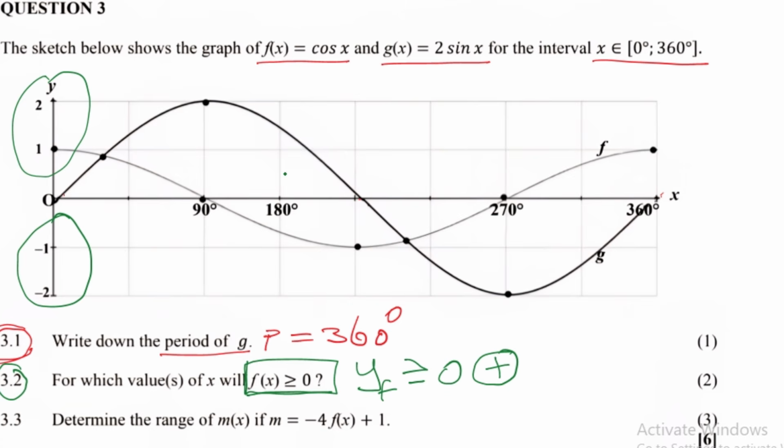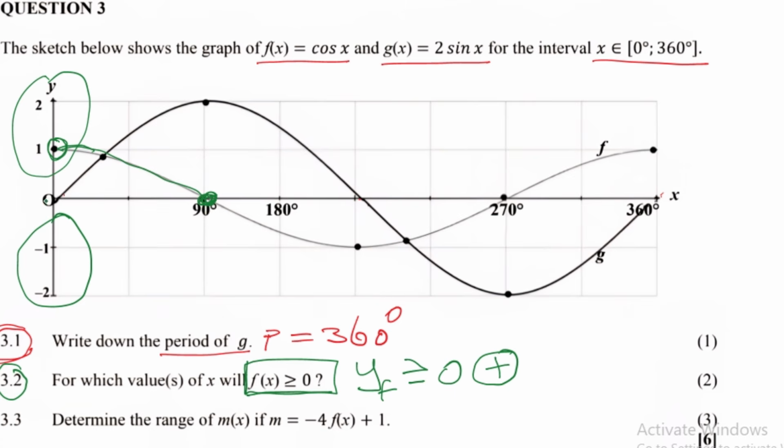So now function f from this one is decreasing, it goes down until 90 degrees here, and every value of y there is positive, meaning that that value is greater than 0, until it reaches 90 degrees.